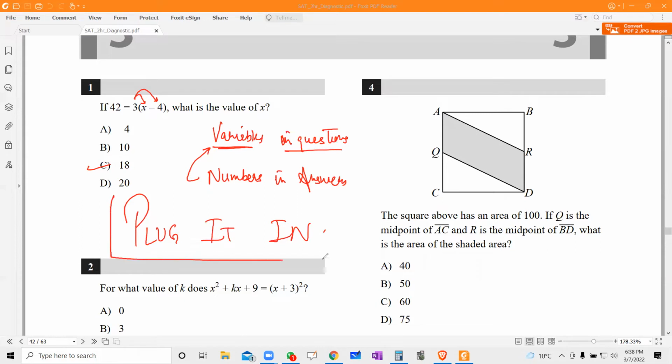Plug it in means you will take the options, you will take the numbers, plug it in the variables and see which one is working.